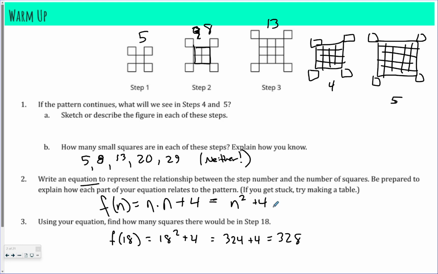But you might remember that equations that have an n squared term in them are a very special kind, and those are called quadratics. A quadratic is any equation like this one here, where the biggest power is an n squared, something that's been squared.